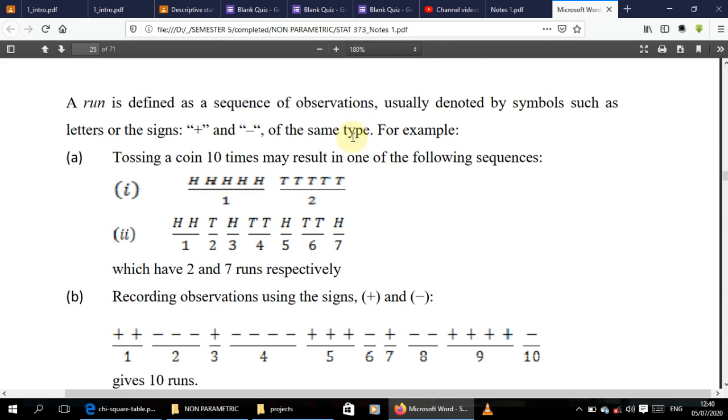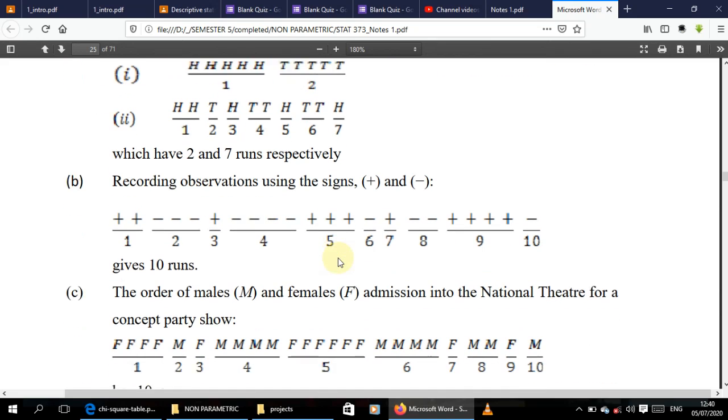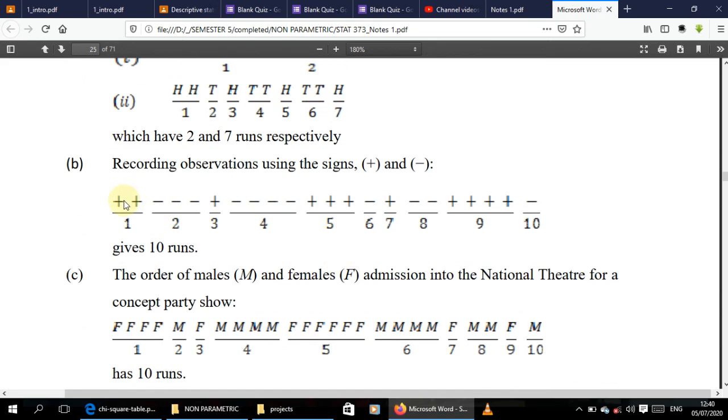Here you see the arrangement, HH, so that's 1, T, 2, and so on. When you count, you see there are 7 runs. If you look at the plus and minus sequence, 1 minus, 2 plus, 3, there are 10 runs in there.